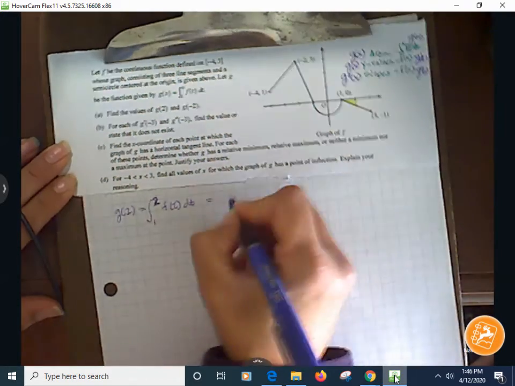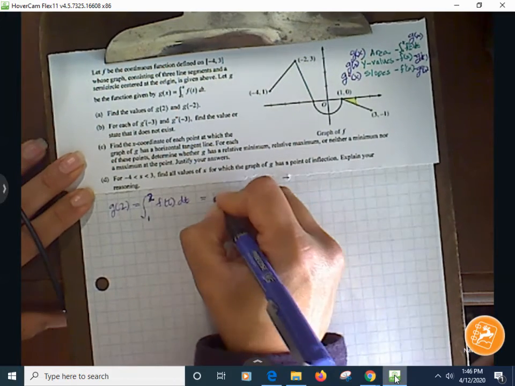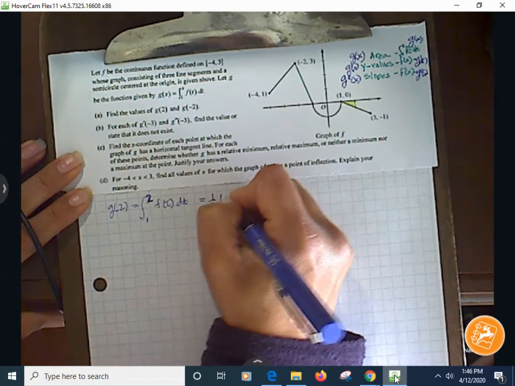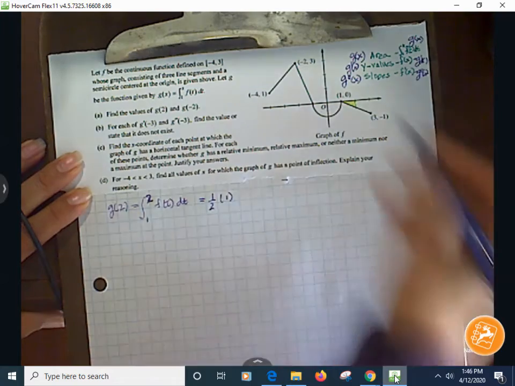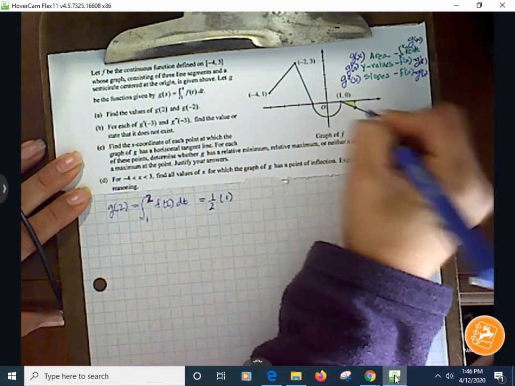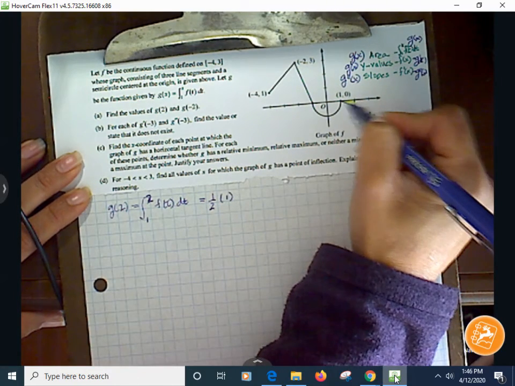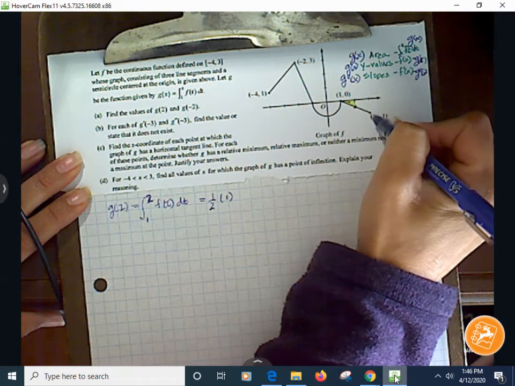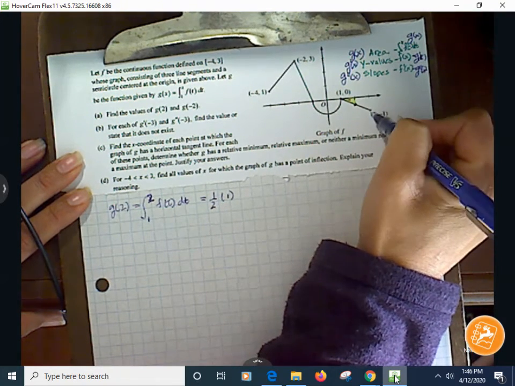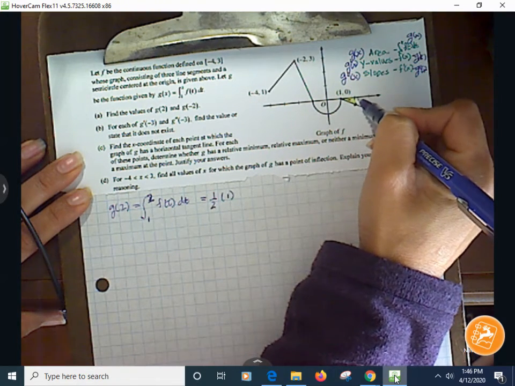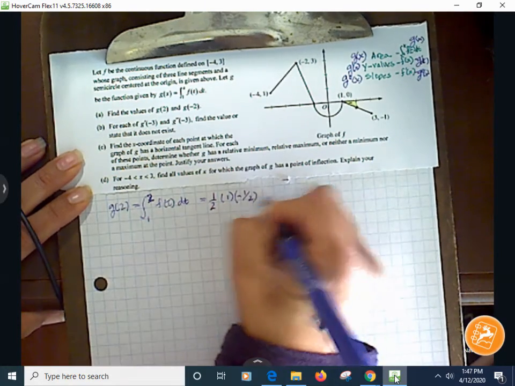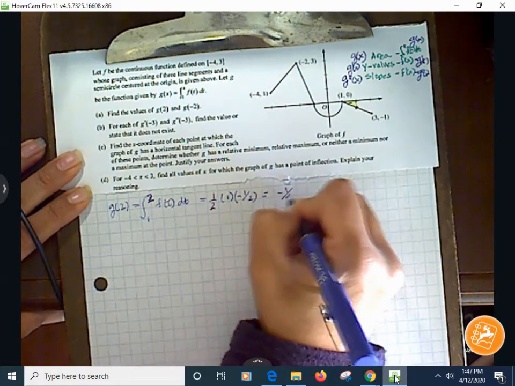That area is a triangle, so it's going to be 1/2, base is 1, and the height, what is the height? If we go over 2 to the right and down 1, then if we go over 1, we must have gone down 1/2, so this is going to be negative 1/2. And so then the area is negative 1/4.